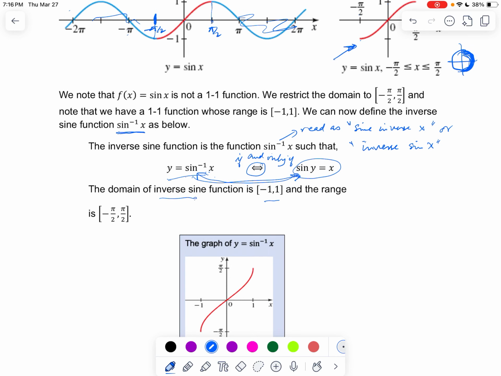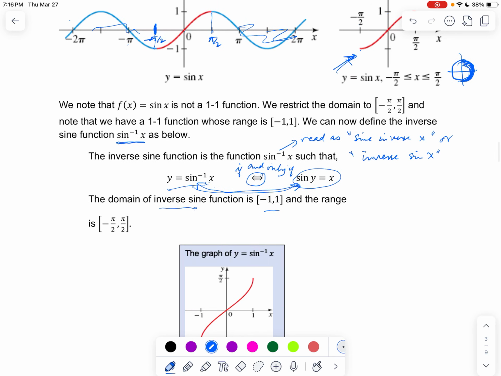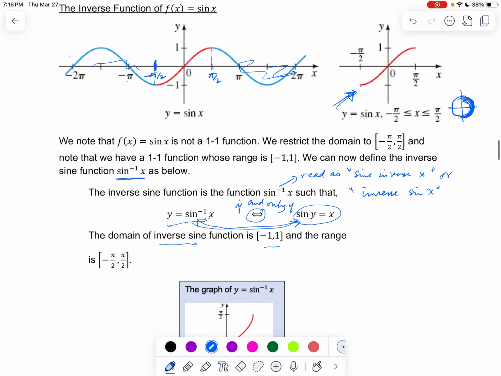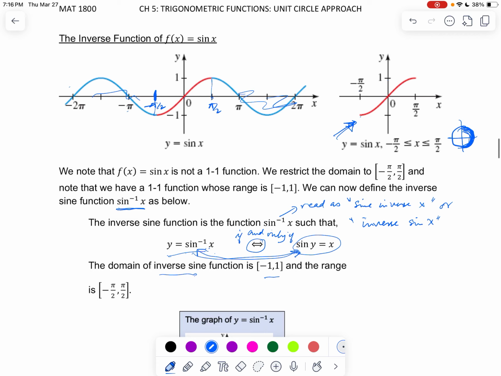Why? Because in this small piece that we extracted after restricting the domain, the domain is negative pi over 2 to pi over 2, and the range is negative 1 to 1, including the endpoints.